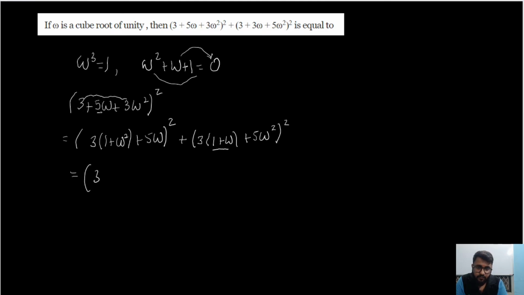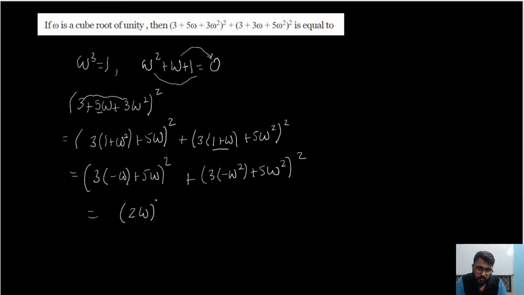So you have 3 into minus omega plus 5 omega, the whole square, plus 3 into minus omega square plus 5 omega square, the whole square, which gives you, see, this is minus 3 omega plus 5 omega, which is 2 omega, the whole square, plus the same thing here, the difference is just the omega square, the whole square, which gives us 4 omega square plus 4 omega power 4.